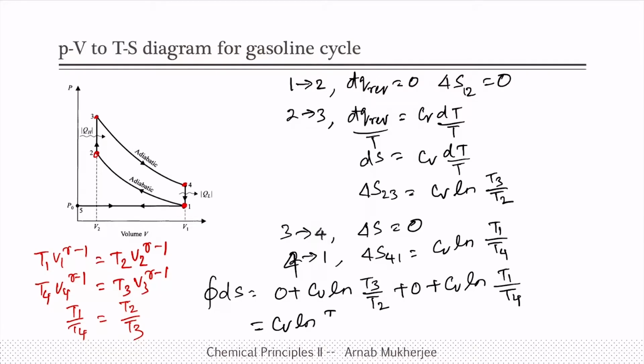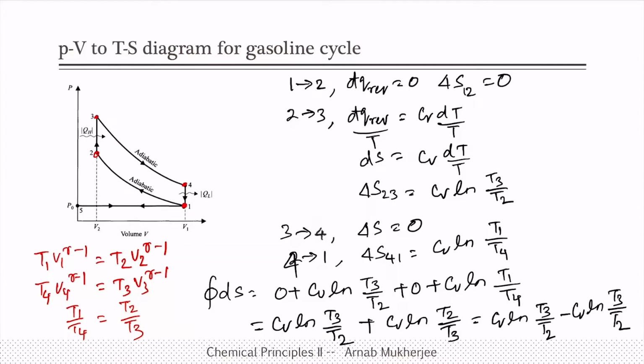Cv ln T3 by T2 plus, for T1 by T4, I will write T2 by T3. So, Cv ln T2 by T3, which means Cv ln T3 by T2 minus Cv ln T3 by T2, because for ln we can write that ln x is minus ln of 1 by x, and they cancel, it gives 0.